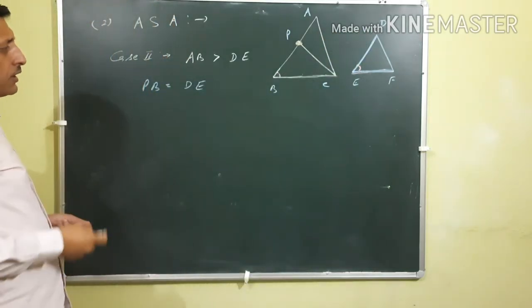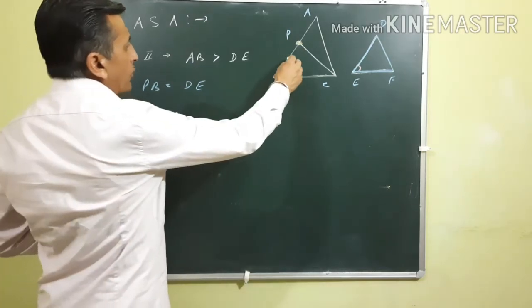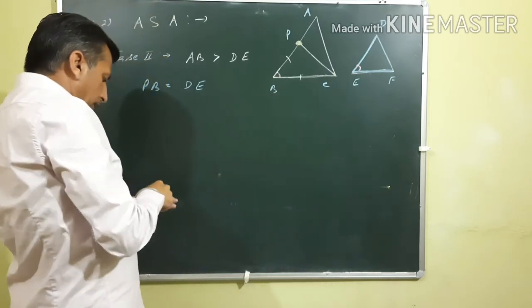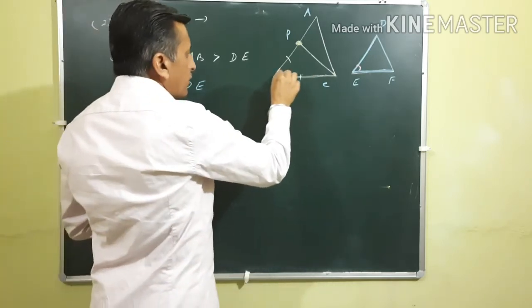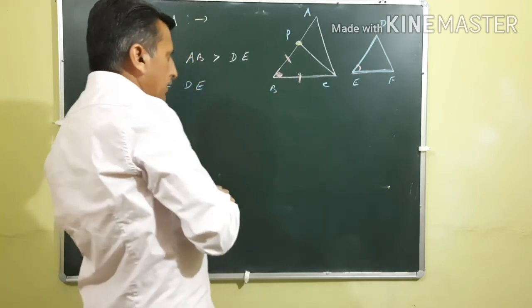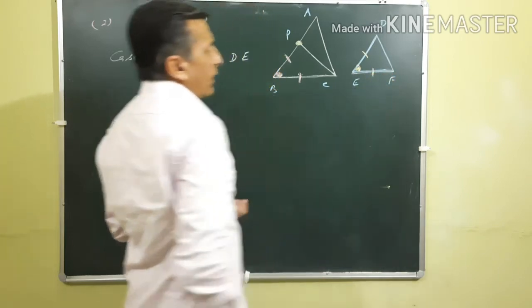After this, once again you can use your first criterion of congruency, that is side, angle, side. Side, angle, side of one triangle is equal to side, angle, side of the other triangle.